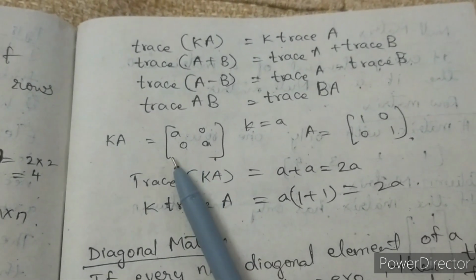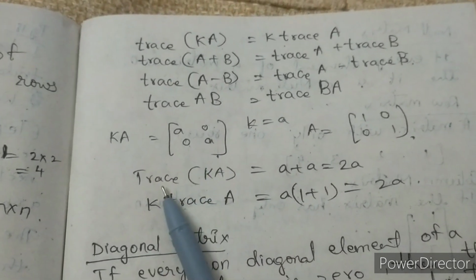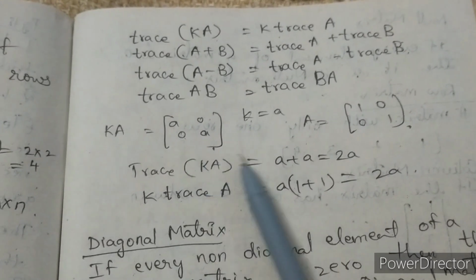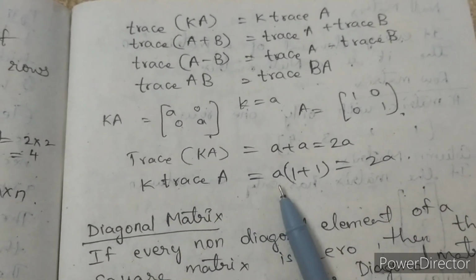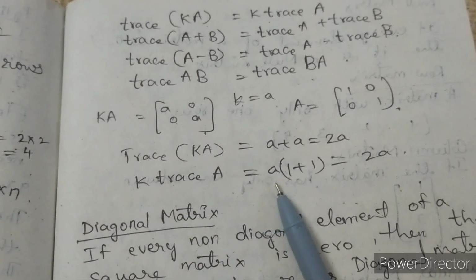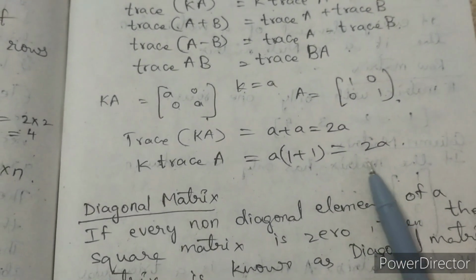So we got kA as a 0 0 a. Now the trace of kA will be a plus a, that is 2a. Then k into trace of A is a into the trace of A, which is 1 plus 1, that is 2, so it is equal to 2a.